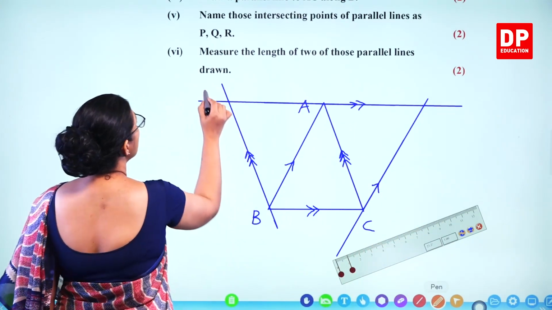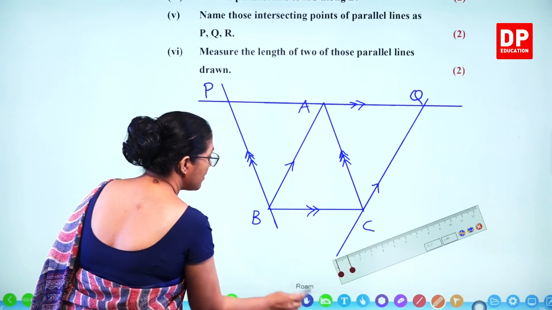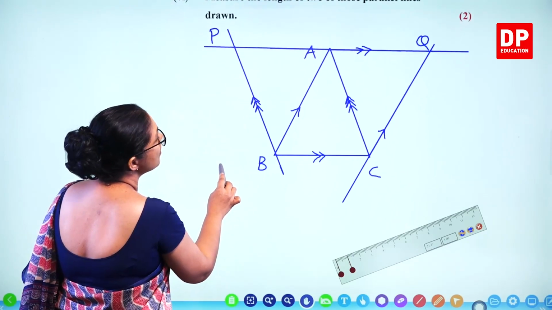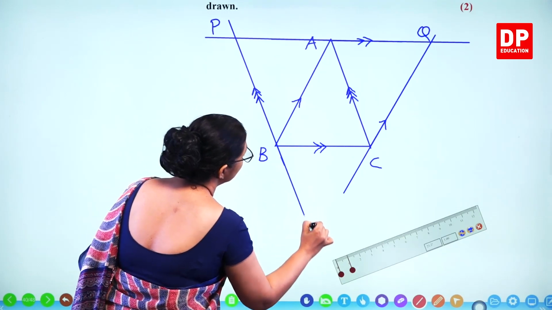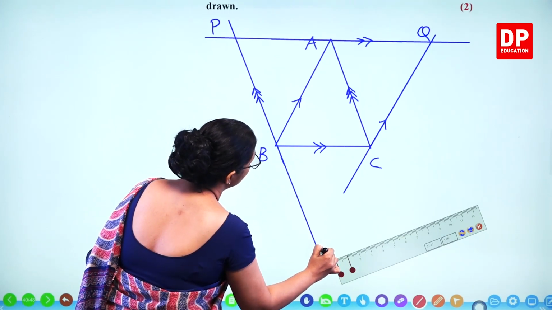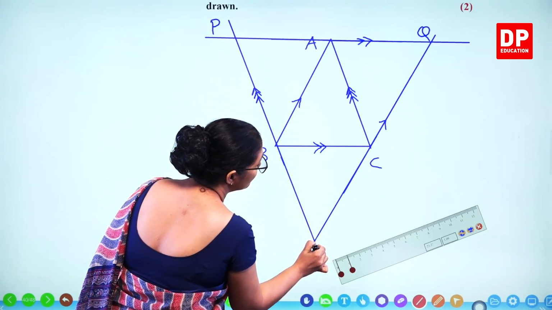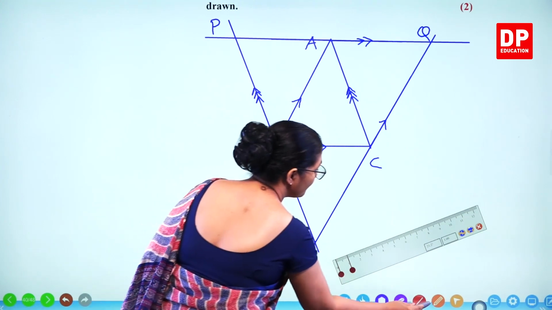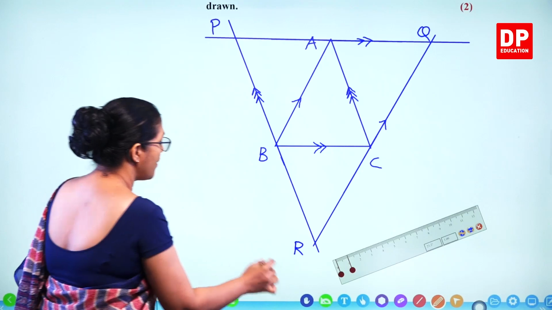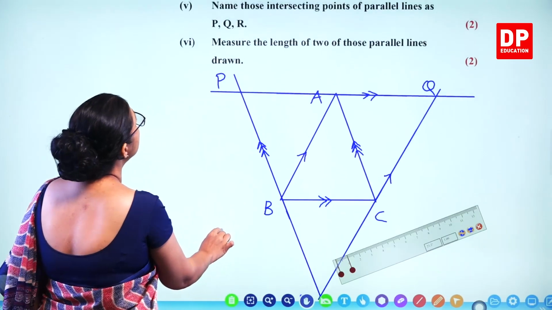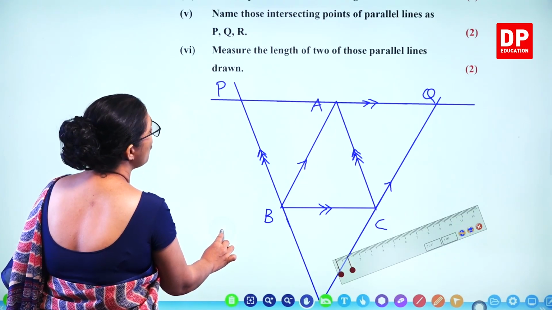So the intersecting points P, Q, and the other one R. So you have to extend these two lines as well. So that's R. P, Q, R. And then measure the length of two of those parallel lines drawn.